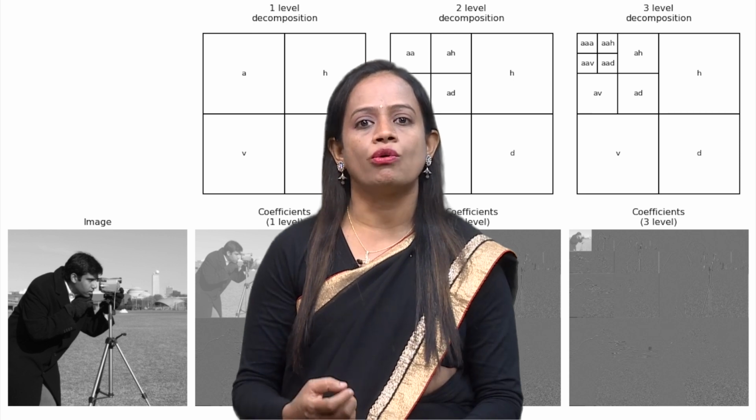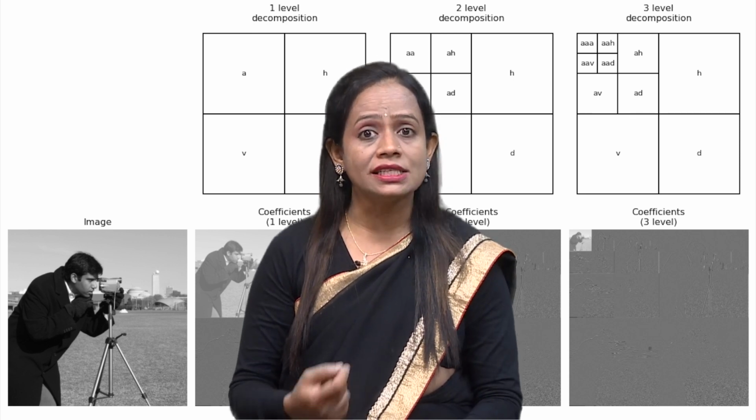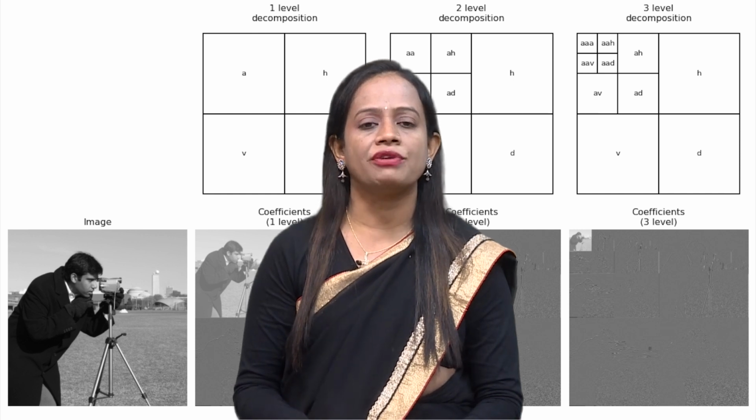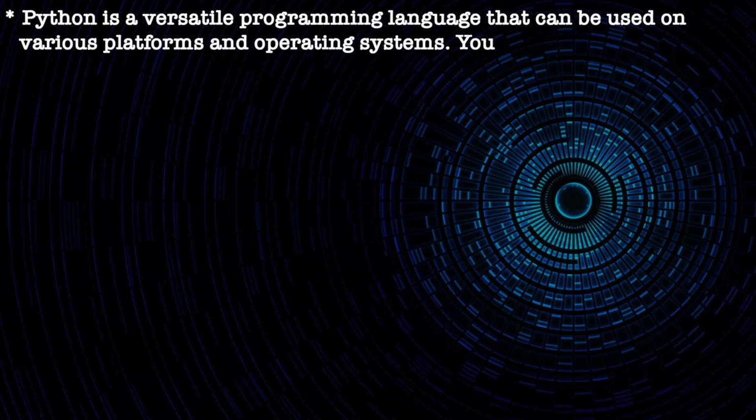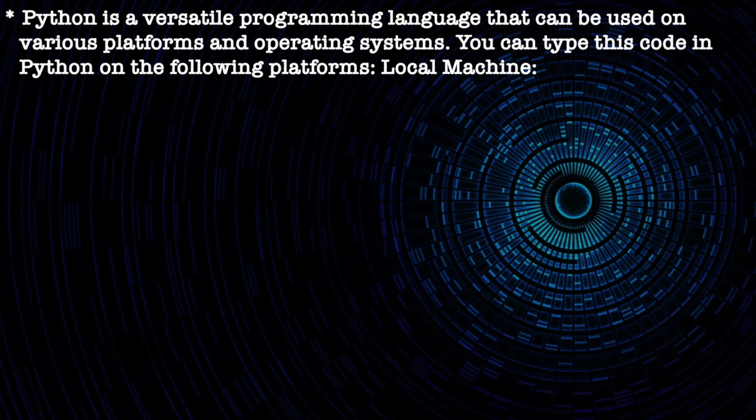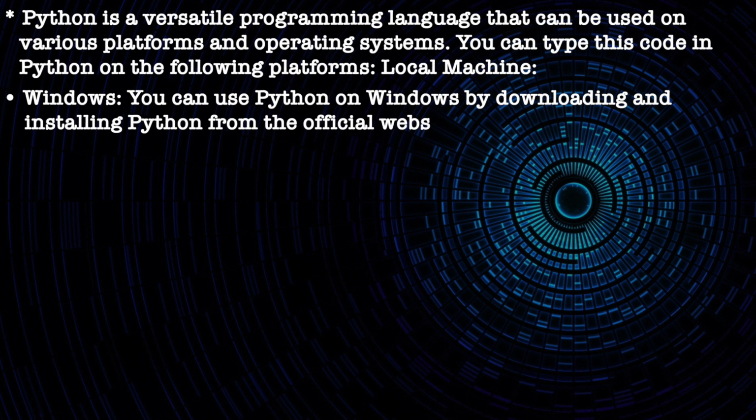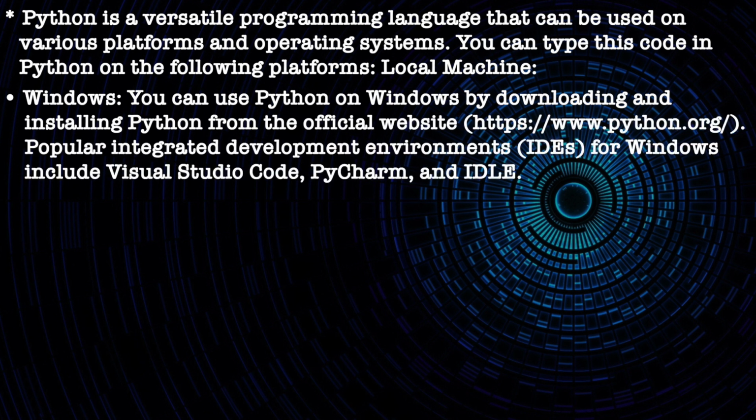So our final code for the wavelet transform and its output is shown in figure number 3. Python is a versatile programming language that can be used on various platforms and operating systems. So we can type this code in Python on the following platforms: a local machine, Windows operating system. We can get Python by downloading it from the official website www.python.org.